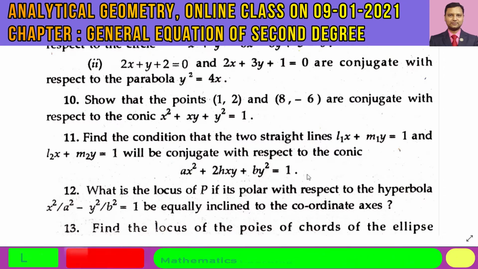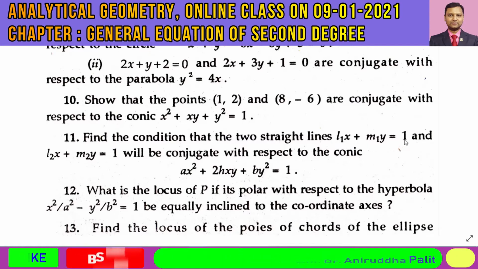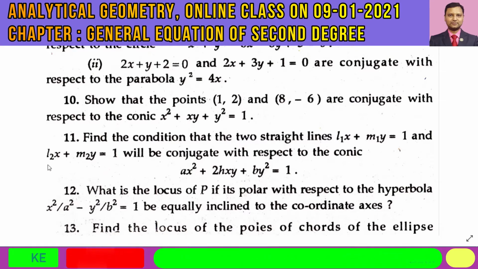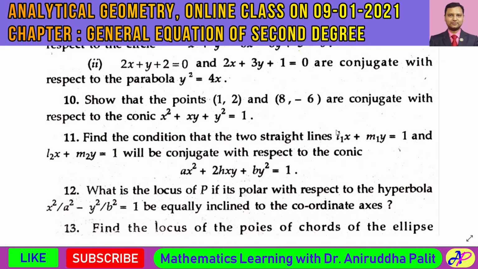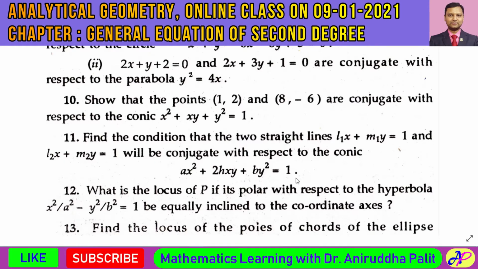So two conjugate lines means the pole of the first line will lie on the second line, and if so, we know that the pole of the second line will lie on the first line, and these kinds of lines are called conjugate lines with respect to this conic.